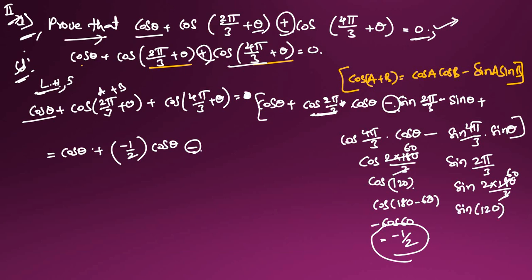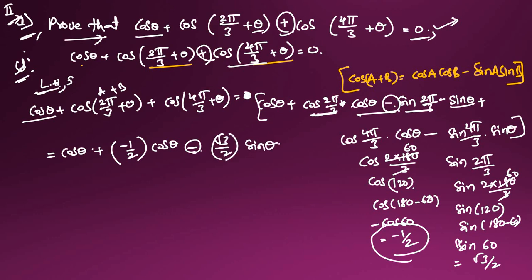Sin 120 we can convert into sin of 180 minus 60, so it will become sin 60. Sin 60 is equal to root 3 by 2. So minus root 3 by 2 into sin theta will be there, sin theta we will write like that only.